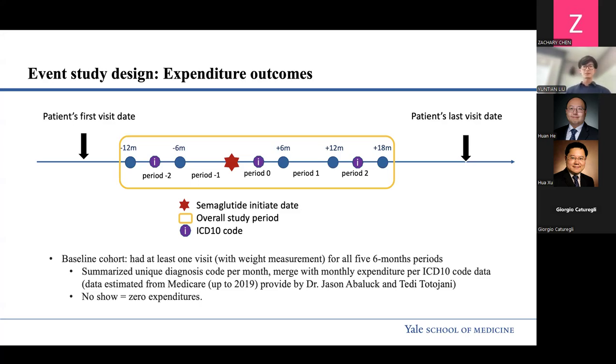So here, we don't need patients to have at least one visit in each relative period. But we do summarize those patients' diagnosis codes at the patient-month level, and then we merge them with the claims data estimates like I introduced before, and we get the estimates for each period.